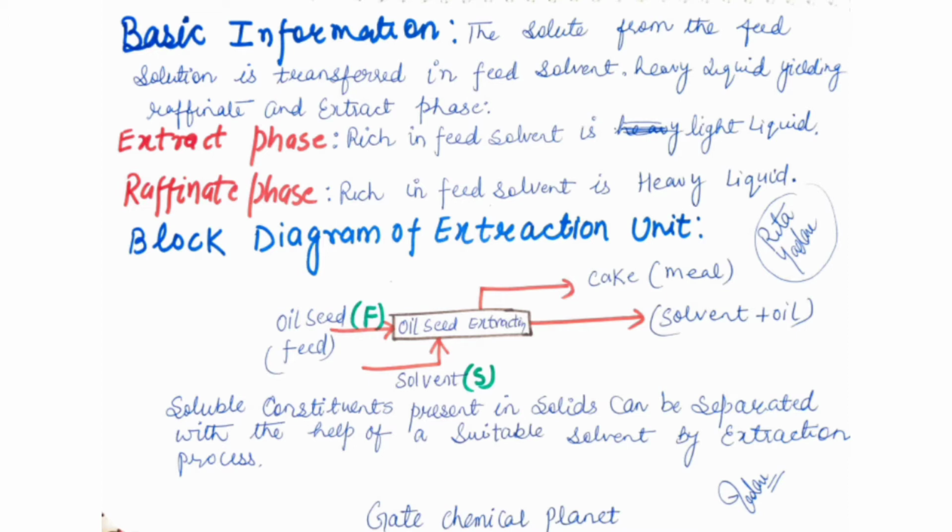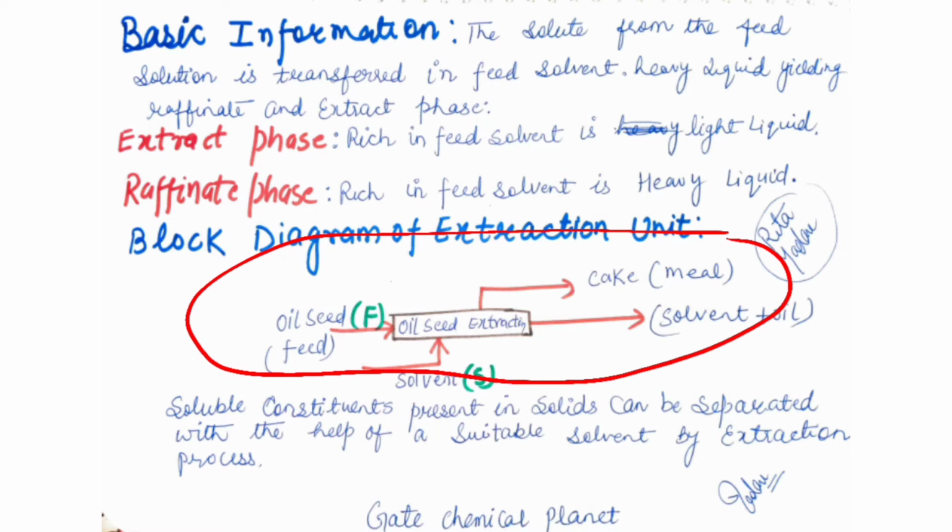Now we will discuss how to draw the block diagram for the extraction unit. Here I have drawn the extraction unit for all of you. It is an oilseed extraction unit where the feed is the oilseed, and we are feeding solvent to the extractor, and we are getting the cake meal and the solvent plus oil, one being the raffinate phase and one the extract phase.